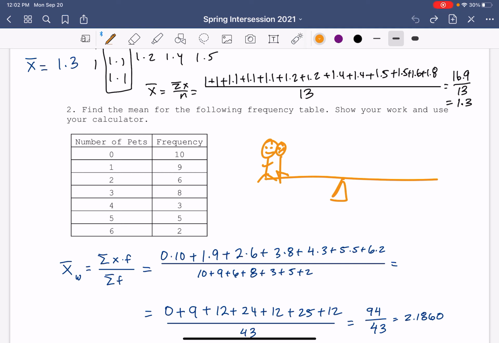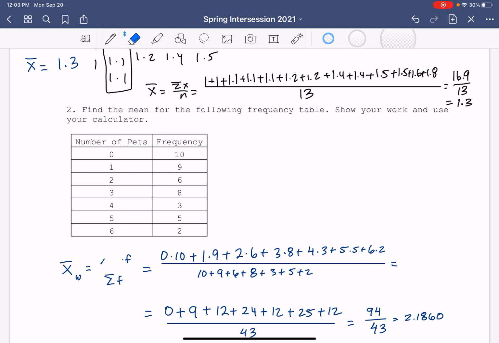So we talked about balance points and how important they are in this class, which are means. The formula continues on here, and it says that we need to multiply these two values first and then add. All right, that's very important.